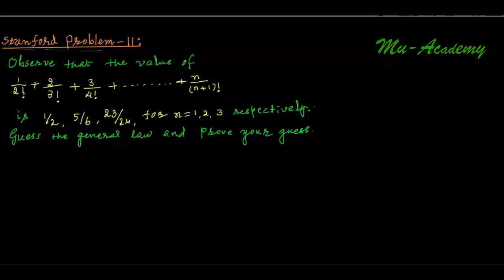Observe that the value of 1/2! + 2/3! + 3/4! + ... + n/(n+1)! is 1/2 - I mean, the sum of the first one term is 1/2, the sum of two terms is 5/6, and the sum of three terms is 23/24, for n equal to 1, 2, 3 respectively. Guess the general law and prove your guess.